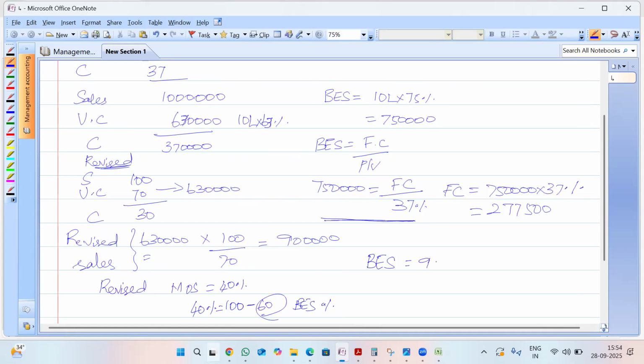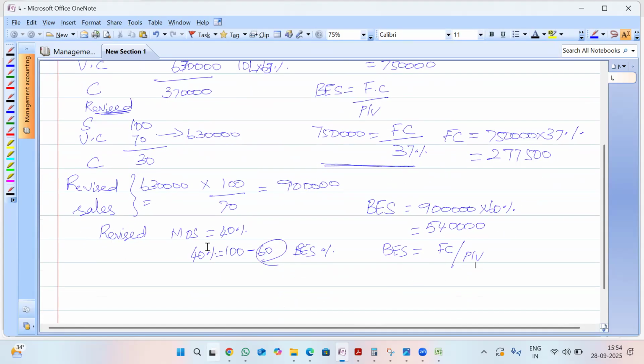That is 9 lakh into 60 percentage. So 5,40,000 will be my break-even sales. So now I'm applying the break-even sales formula, that is fixed cost divided by PV ratio. PV ratio here is 30 percentage, right?